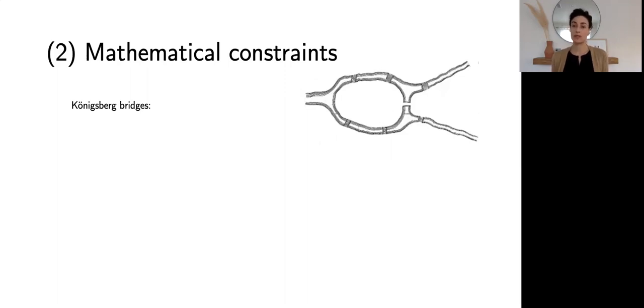There has been interest in identifying whether it's possible to walk a single path that traverses each of these bridges exactly and only once, or an Eulerian path. After various individuals failed to find such a route, Euler provided a mathematical proof that demonstrated that this was in fact impossible given the topological structure of this bridge system.